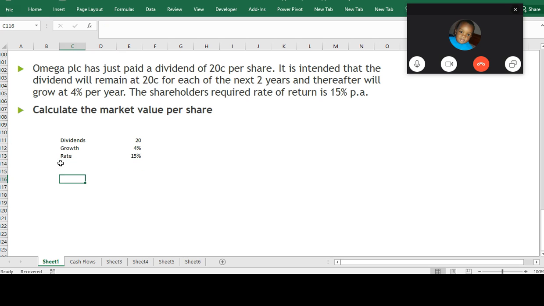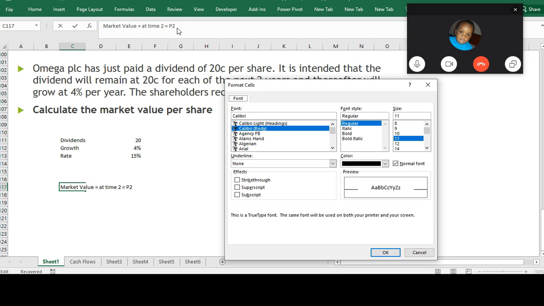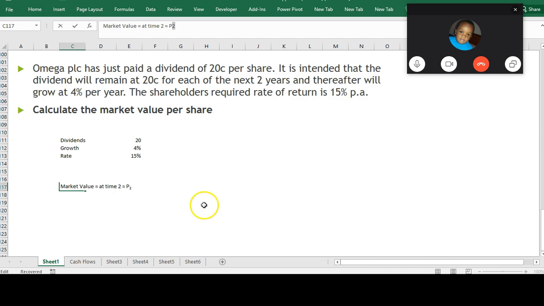So the first thing that we need to do is to calculate the market value at time 2, which is basically 2 years, P2.